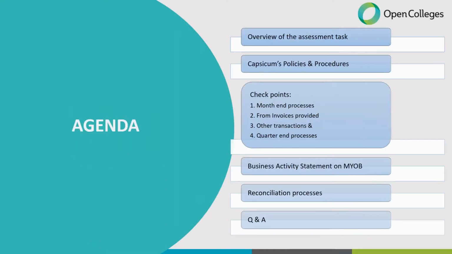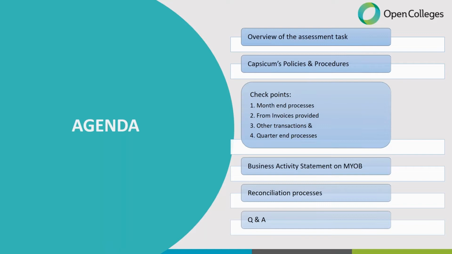Okay, so what we are going to talk about today is an overview of the assessment task and Capsicum's policies and procedures to prepare and lodge the BAS report. And we are going to go through some checkpoints. First of all, month-end processes, what they usually do at the end of the month, from the invoices provided.